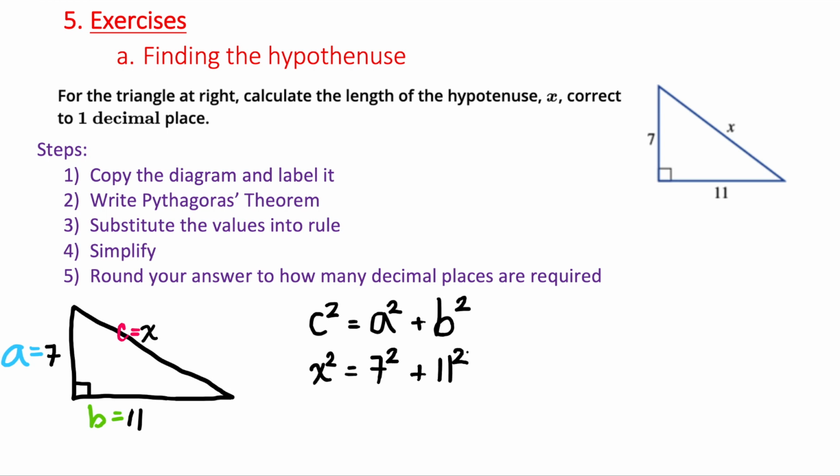You need to use your CAS to do this, so I'm using it here. I'm going into scratch pad, calculate. So I'm writing 7 squared, enter, and we should know this, that x squared is equal to 49 plus 121.